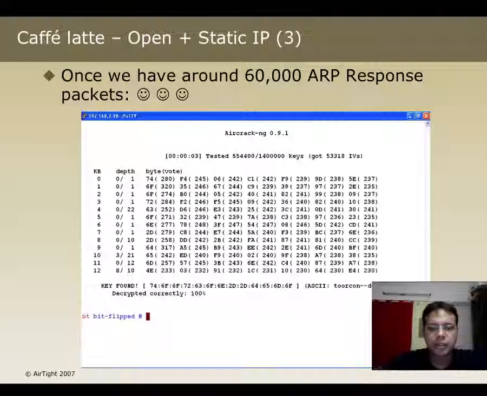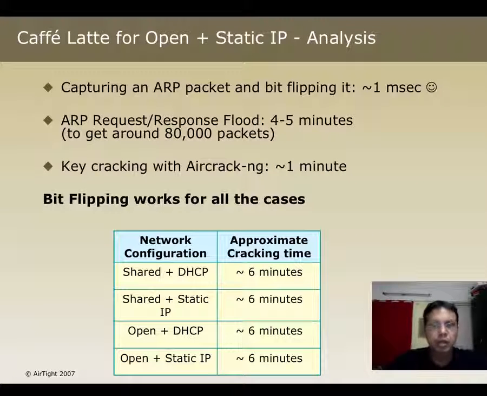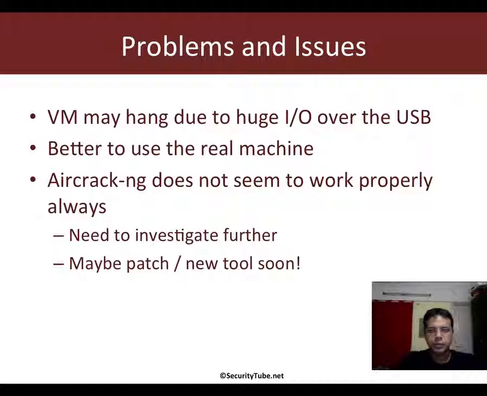So let me come back to the slides. Now, this is a quick analysis I had done at that time for that version of Aircrack. On average, it takes around 6 minutes at maximum speed, which should be a little over 200 to 300 packets per second, to crack the WEP key, right?